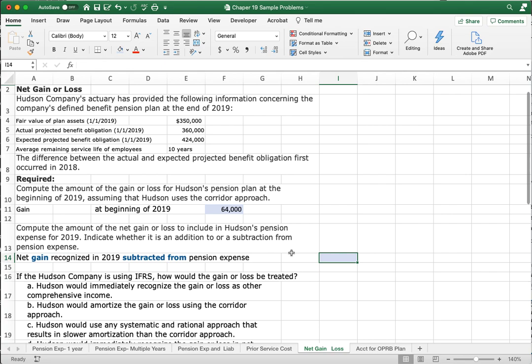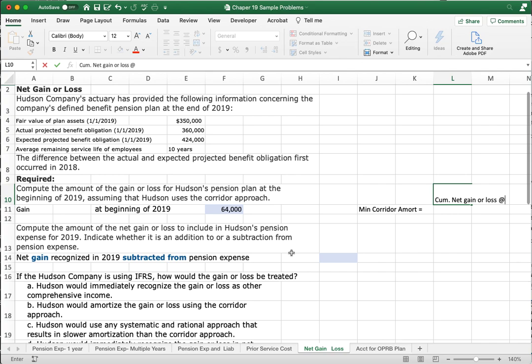If you recall from the text, the minimum corridor amortization, I'll just type it over here, would be equal to the cumulative net gain or loss at the beginning of year minus the corridor at the beginning of year, all divided by the average remaining service period for the active employees expected to receive the benefits under this plan.